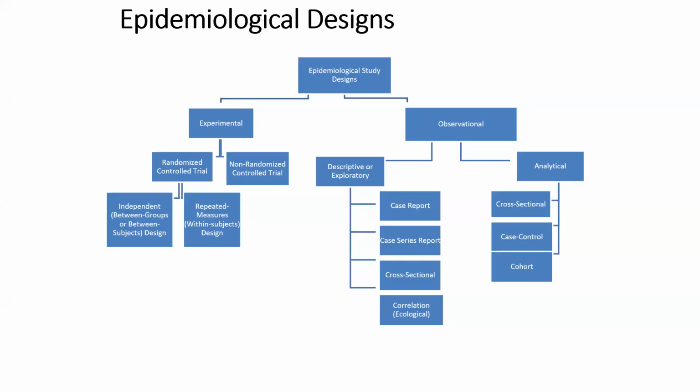The next one that we're going to look at under descriptive is the cross-sectional study. You've heard this before. A cross-sectional study is research done among a sample of the population with information collected at a particular point in time.